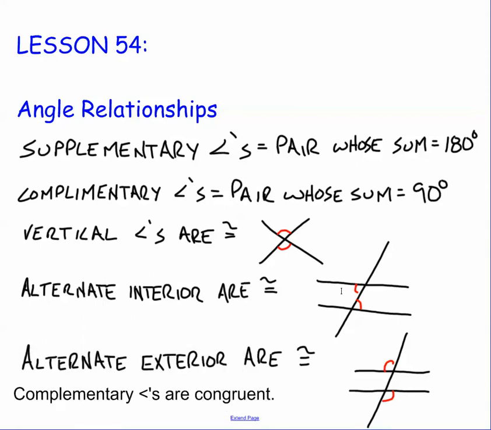And what are complementary angles? This is only for parallel lines, by the way. Complementary angles would be like this one and this one. Those are complementary angles, and they are congruent.